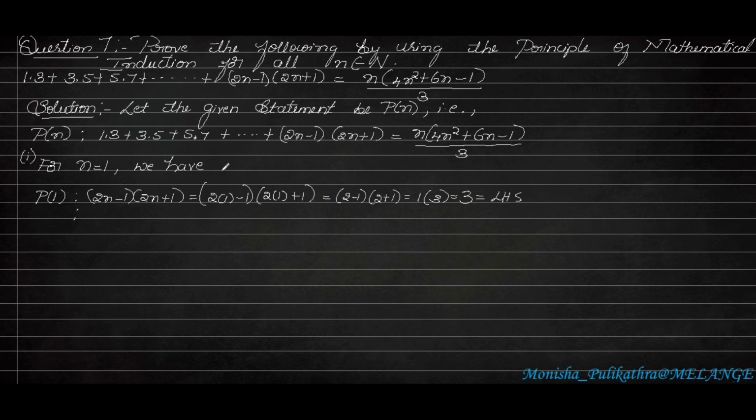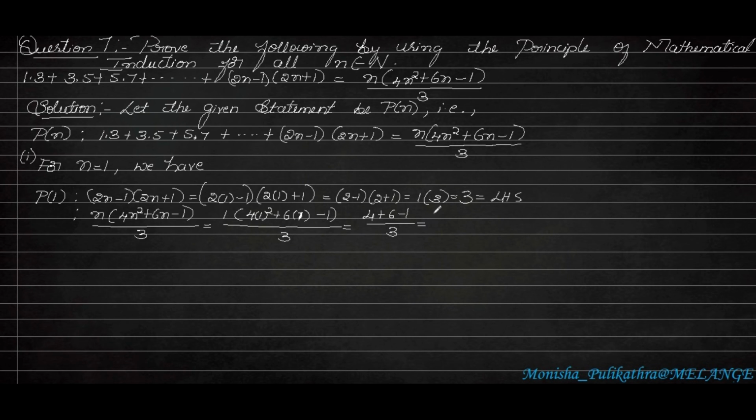So next in the RHS, we have to take the whole equation form, that is n into 4n square plus 6n minus 1 whole to the power of 3. So this will be 1 into 4 1 square plus 6 into 1 minus 1 whole to the power of 3. So here 1 square is nothing but 1. So it will become 4 plus 6 into 1 is 6 minus 1 divided by 3.